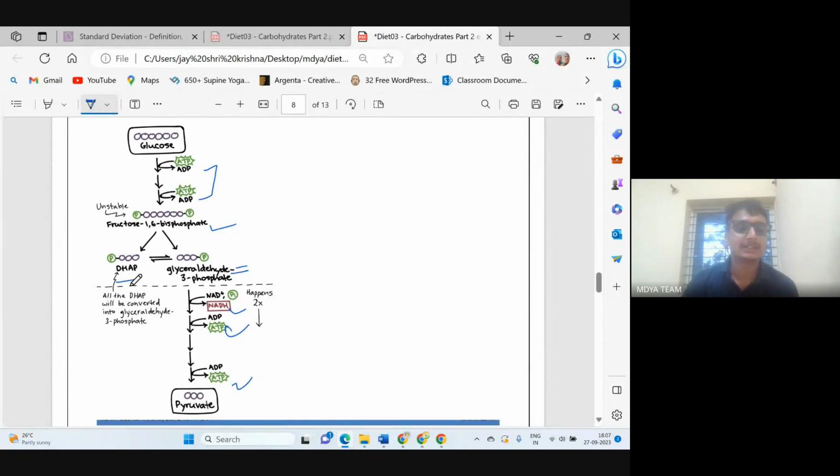As these are two molecules, the second molecule DHAP will again be converted into glyceraldehyde 3-phosphate, and the same cycle happens again. So in this cycle, there is utilization of 2 ATP and production of 2 NADH. Why 2 NADH?